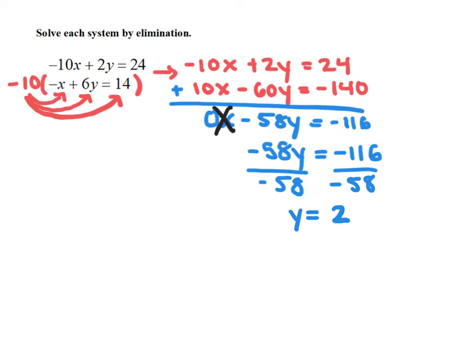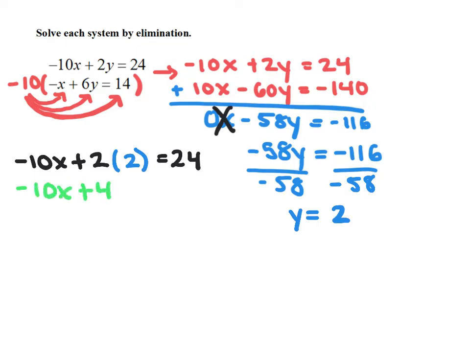So if I plug into the first equation, I have negative 10x plus 2 times 2 equals 24. If I solve that equation, I'll have negative 10x plus 4 equals 24.